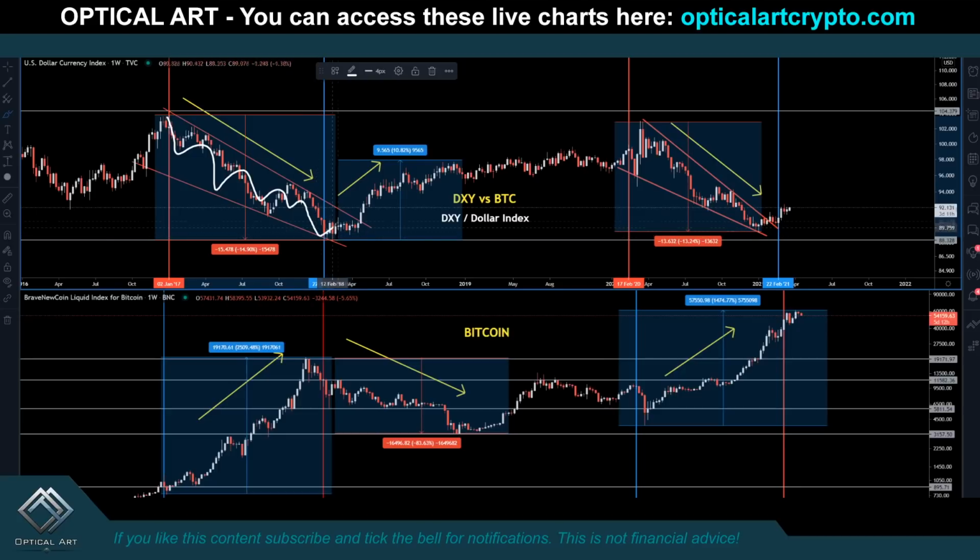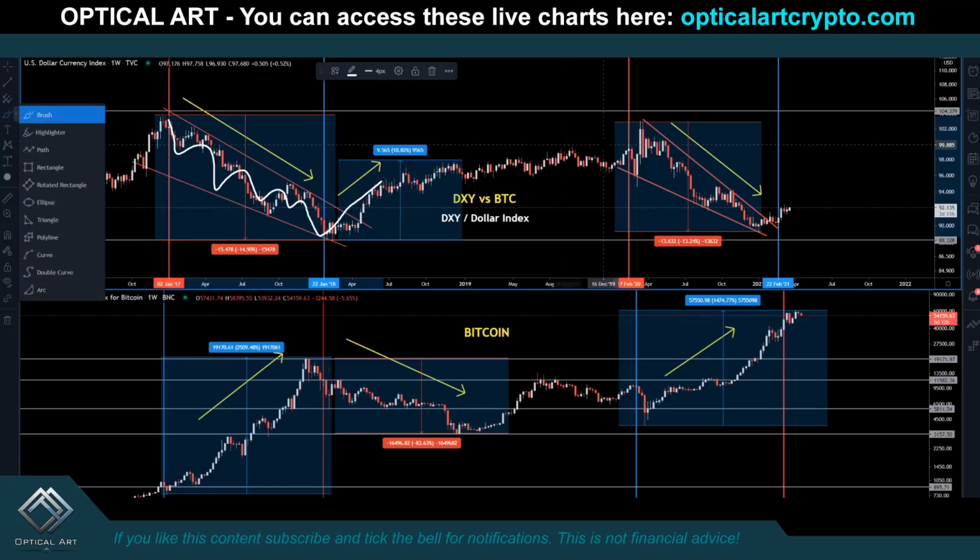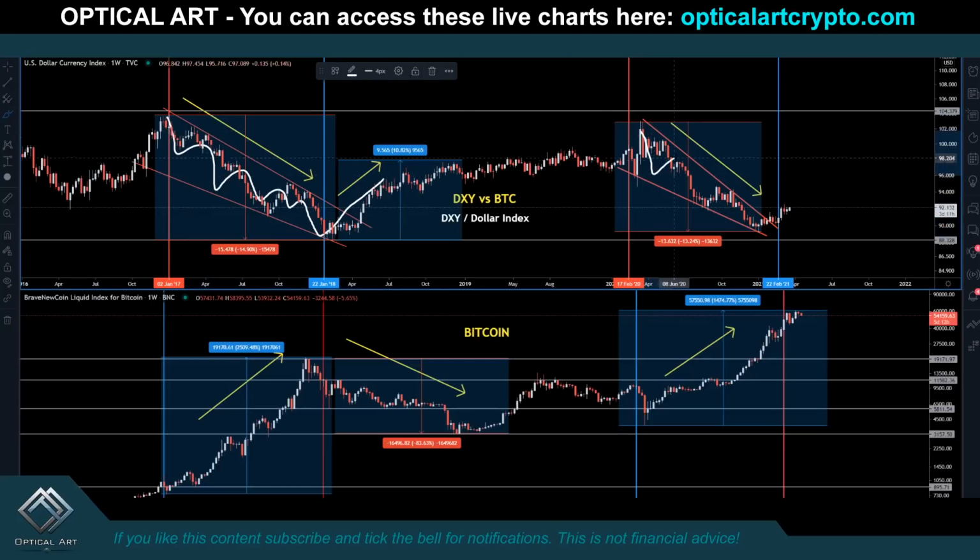At this point, it started breaking to the upside. So the dollar dropped 14.90%. That caused Bitcoin to push up 2,500%. But notice when the dollar started pushing up, the dollar pushed up almost 11%. Bitcoin dropped 83%. And over here, you can see the dollar, when it started coming down, right? Dollar was dropping, Bitcoin was pushing up.